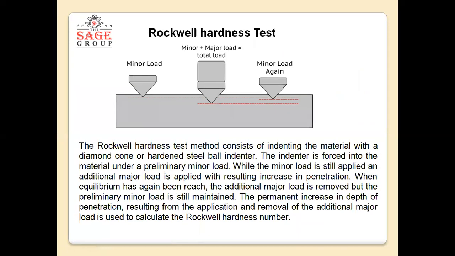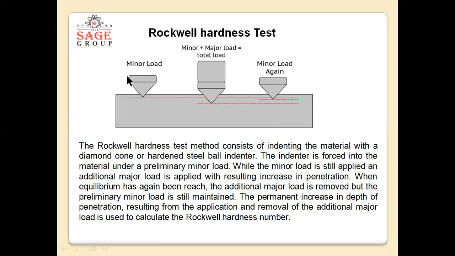In Rockwell hardness, the procedure is somewhat different as compared to Brinell hardness. In Rockwell hardness, there are two types of load. First, a minor load is applied. You can see in the figure, a minor load is applied, then a major load plus minor load is applied, then the minor load again. We have to understand why the minor load is applied.